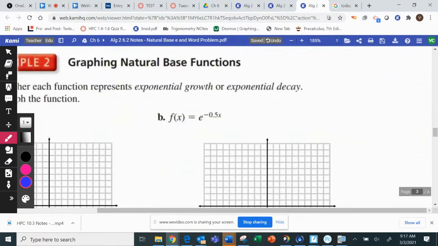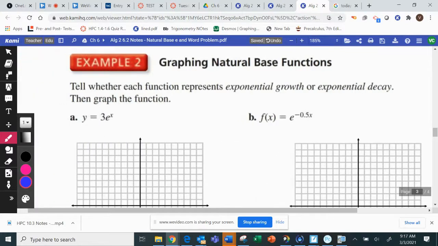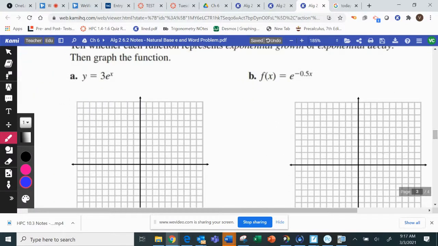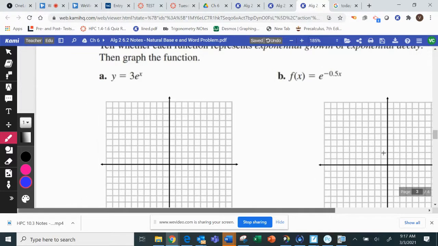All right, so here we're going to do some graphs. We're going to say if it's exponential growth or decay, and we're going to graph the function. So if I have an a value that is positive and the number in front of the x is positive, which is a 1, what is this going to be?